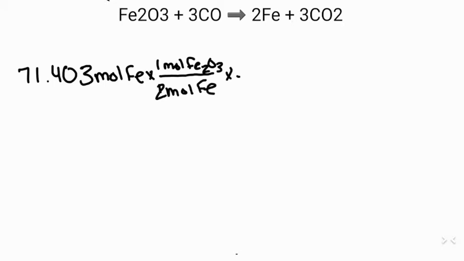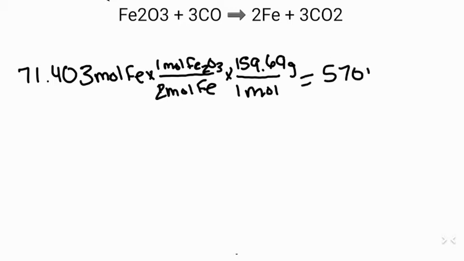So to do that, we would have to multiply 71.403 moles of iron times 1 mole of iron oxide over 2 moles of iron, and then cancel that out, and then we multiply it by the molar mass of iron oxide over 1 mole, so we can find how many grams of the iron oxide were used.